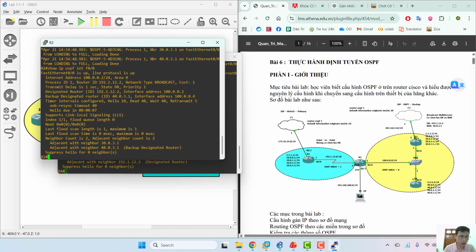Okay, we can see here that we have the designated router with this IP address and the backup designated router.